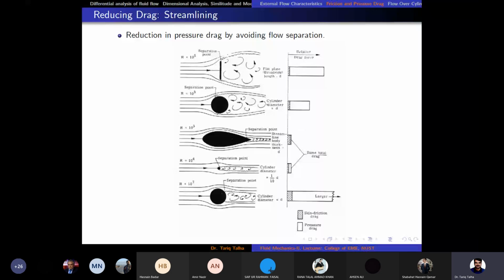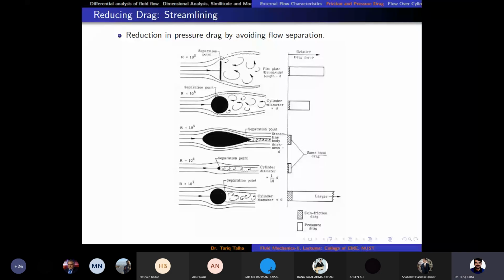Skin friction drag is only maybe 1 to 5% of the total drag. You can see the shaded region, even here, is very small compared to the non-shaded region, the pressure drag. So in designing any object in external flow, we want to reduce the pressure drag. That's why we put dimples on a golf ball, because dimples on a golf ball reduce the pressure drag.